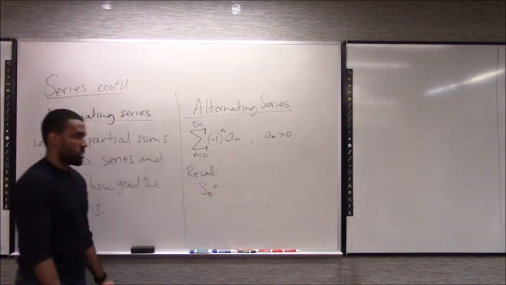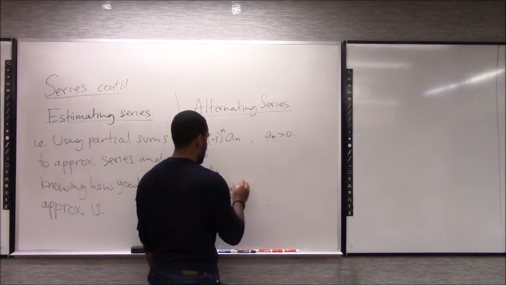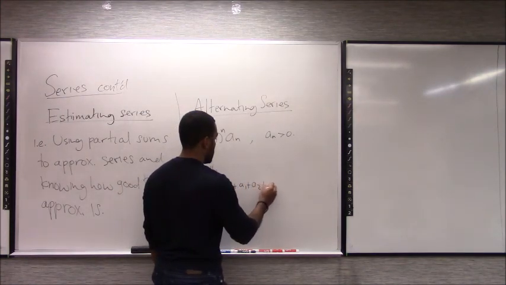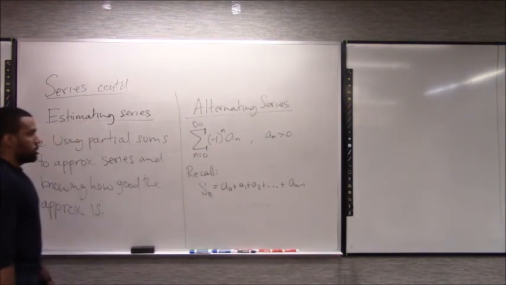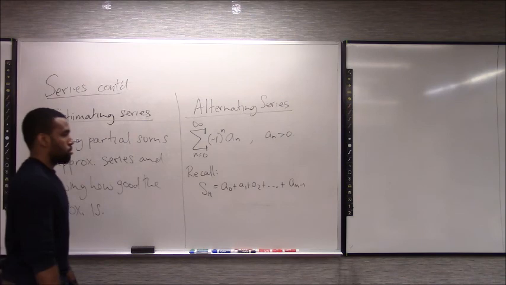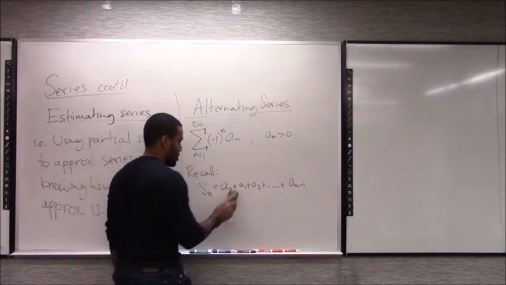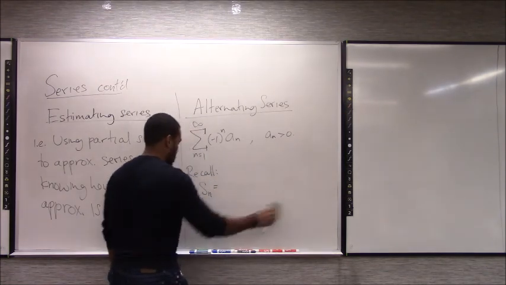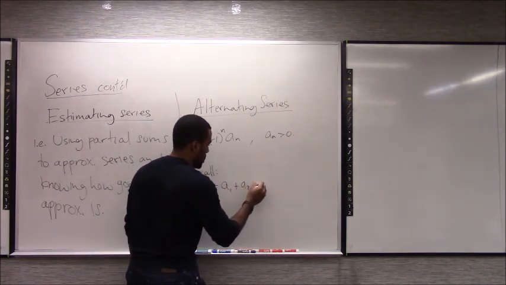This is the sum of the first n terms of the series, so this is a_0 plus a_1 plus a_2 plus up to a_(n-1). Or just to make it a little bit nicer, let's start this from 1 and go up to n. The formulas I'm going to write down.